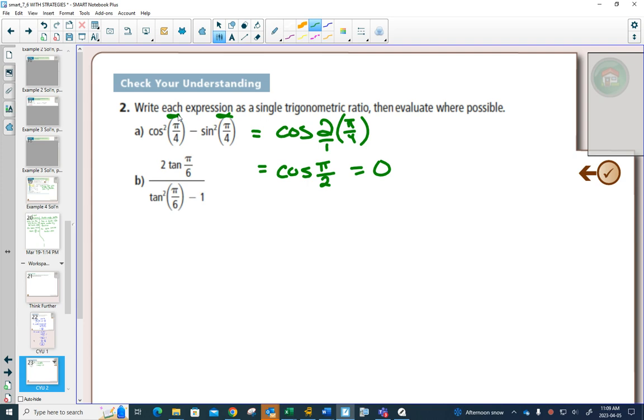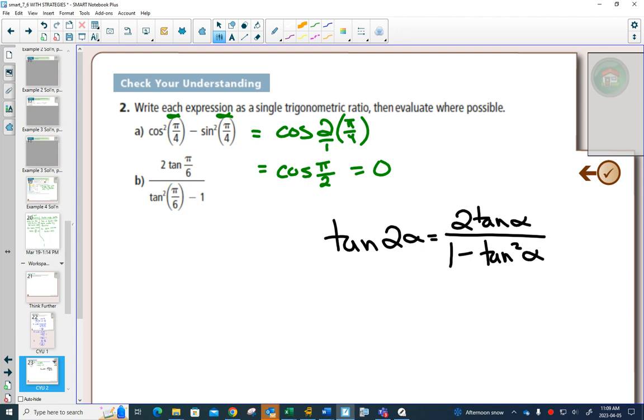What they want us to do in this one is notice that if you have a whole bunch of tans in a fraction, we have some formulas, and our formula that we learned today for tan 2 alpha looks like this. But unfortunately, can you see that what they've given us doesn't quite match?